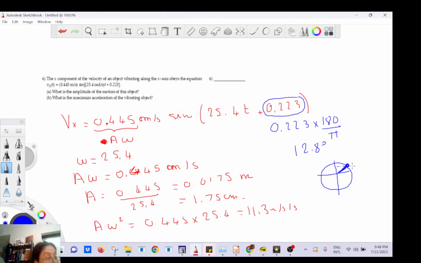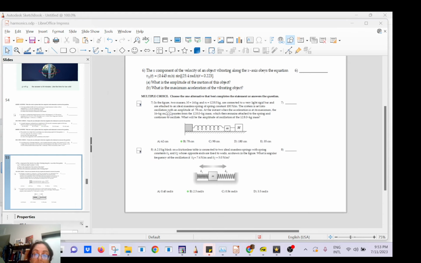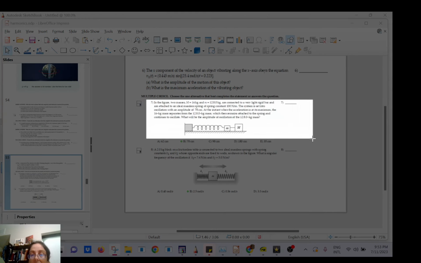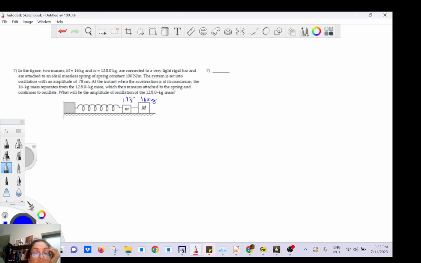So this one looks tricky, but it's not. It looks complicated with a lot of information, but it's not. So you can pause the video. You have to read very carefully. So you have two masses. One is 16 kilogram and the other one is 12.8.